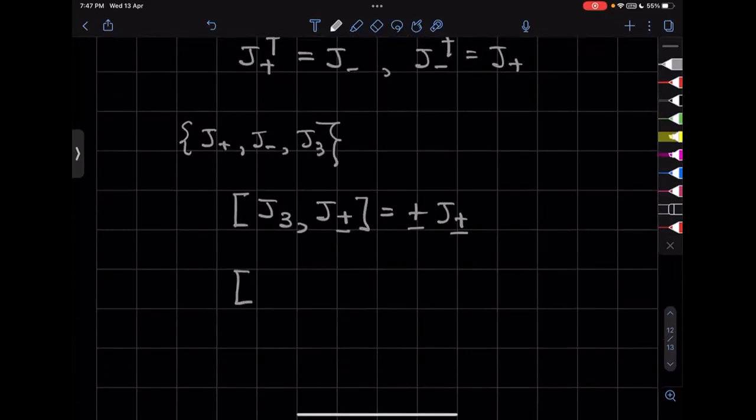And so there are two commutation relationships here, and then the commutator of J plus and J minus is 2 J3. Okay?